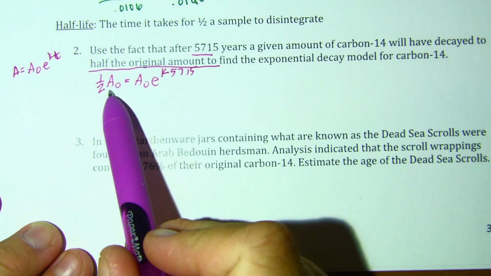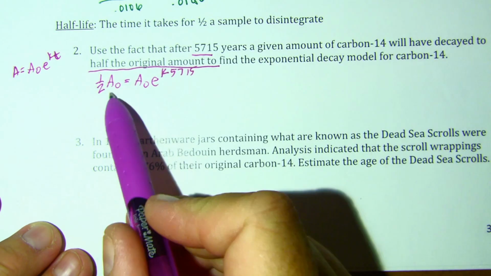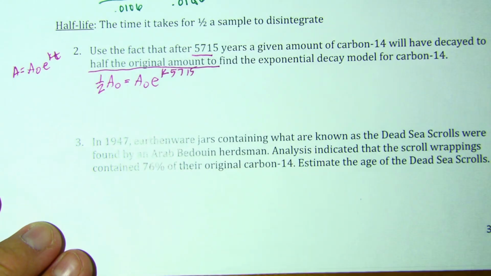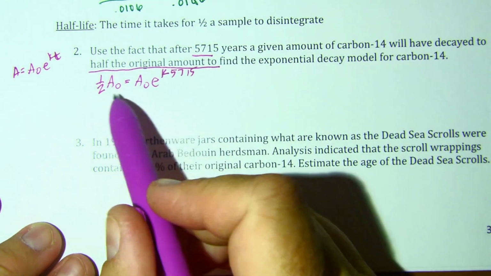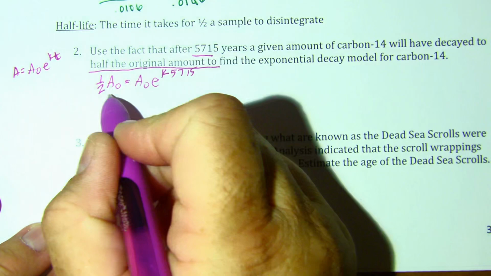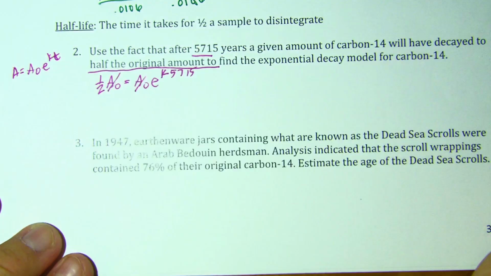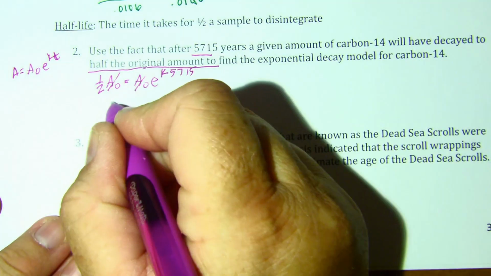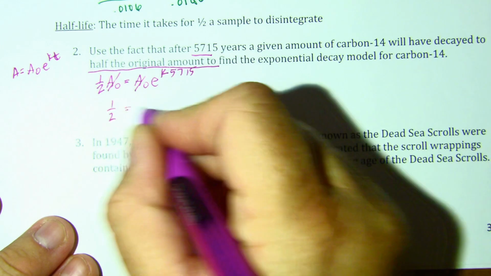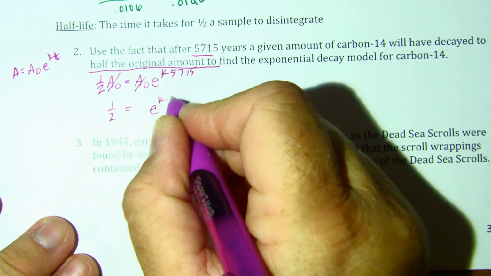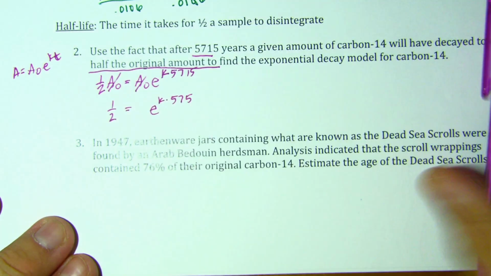We don't know what A naught is, but whatever it is, we can divide both sides by that number and it cancels out. So now I have 1/2 equals e to the k times 5,715 power.